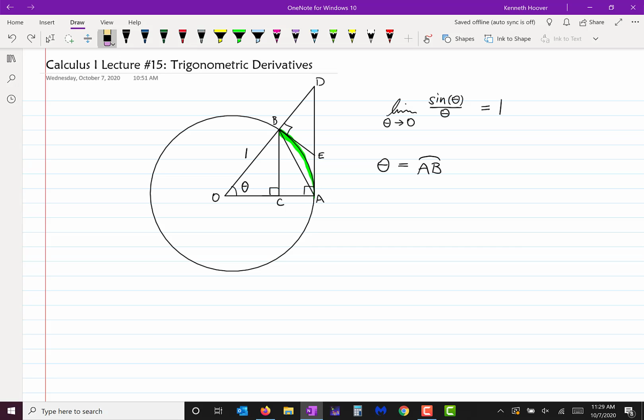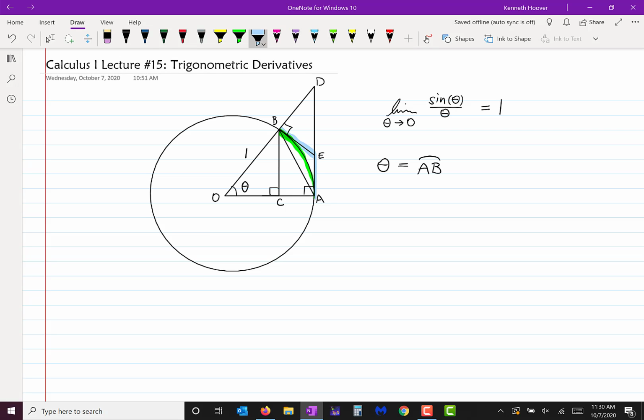Okay, I'm going to leave that arc colored green because if I try to erase it, the whole circle is going to disappear. Now what I want you to do, let's use blue. I want you to look at these two line segments from A to E, and then from E to B. So those are connecting A and B, right?